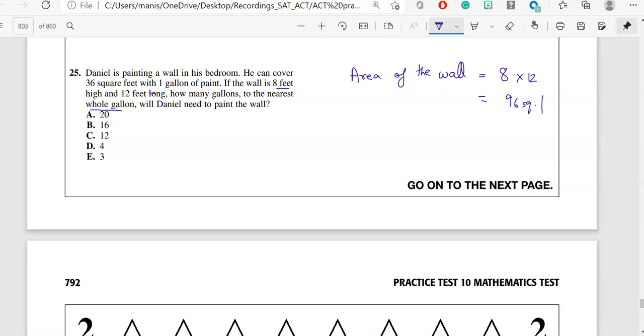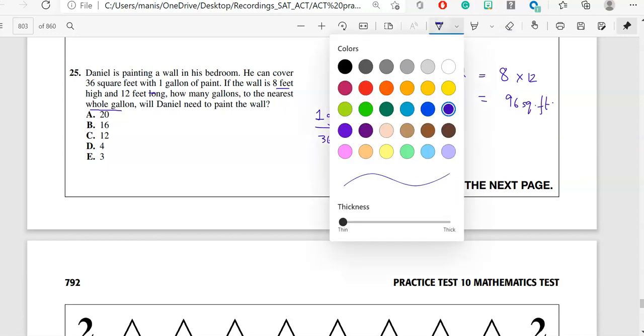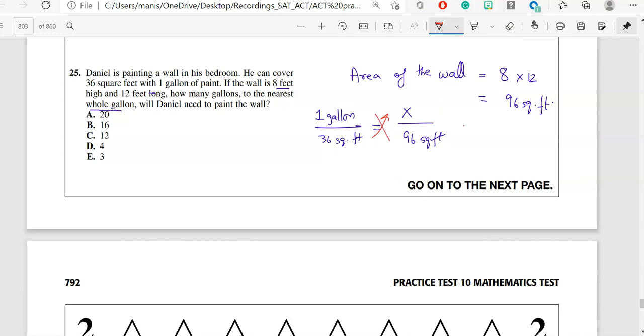96 square feet. Now, let's set up a proportion. It says 1 gallon of paint is used for 36 square feet. How many gallons, X, for 96 square feet? Let me erase this part just to write it clearly. So now I will cross multiply.